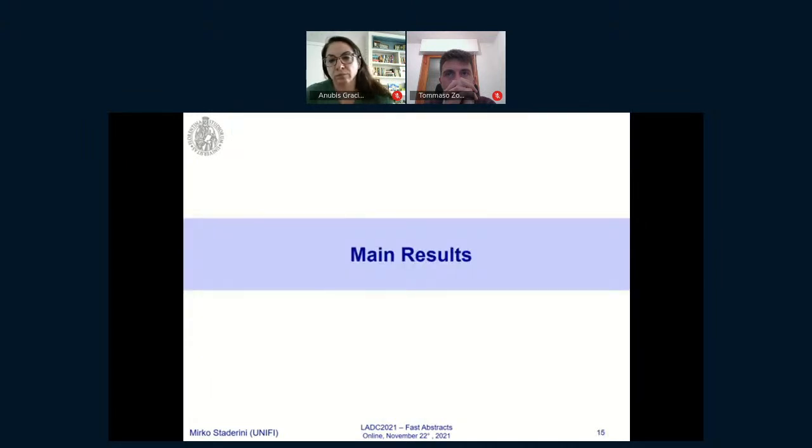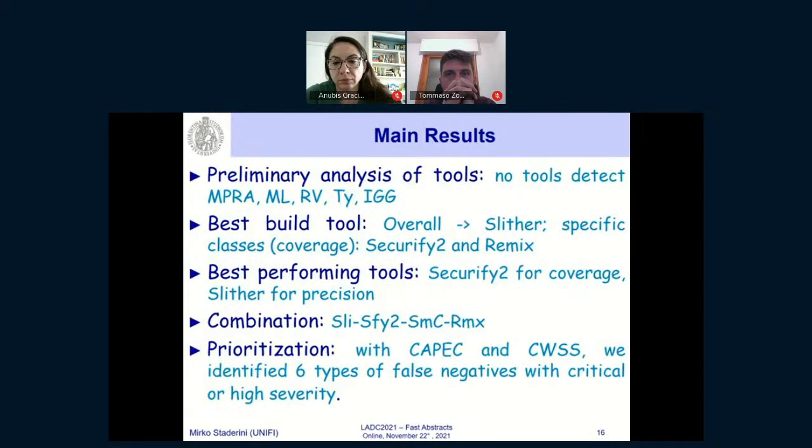Let's now focus your attention on the main results that we found. Considering the preliminary analysis of tools, we found 5 vulnerabilities that no tool is able to detect. Considering the best-performing tools, we saw that Slither has the overall best performance, and for specific classes, considering specifically the coverage, Securify 2 and Remix have better results.